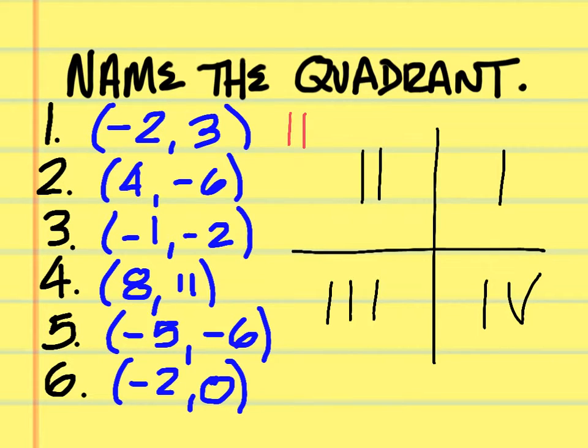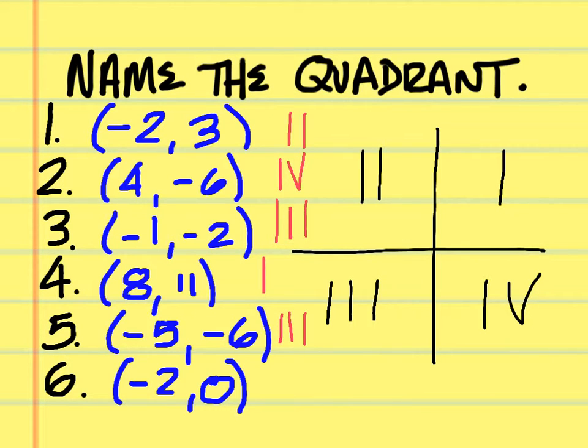And we'll go to Roberts. Where is 4, -6? It's in the fourth one, right. Sampson, where is -1, -2? 3, that's right. Storms, where is 8, 11? 1. Wallace, where is -5, -6? 3 is right.